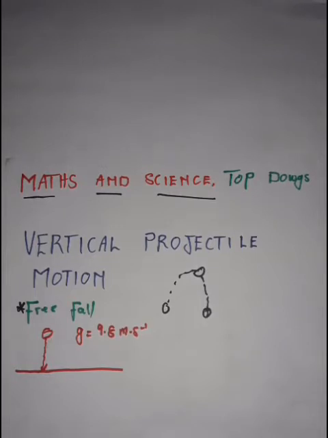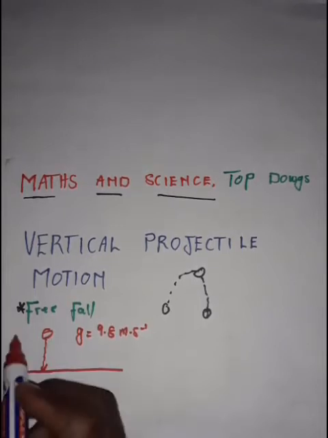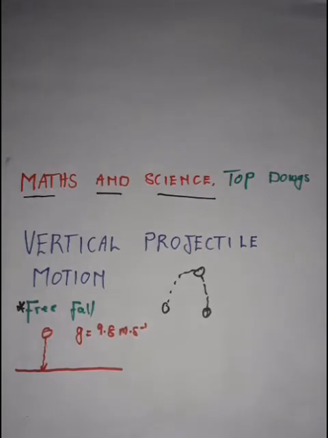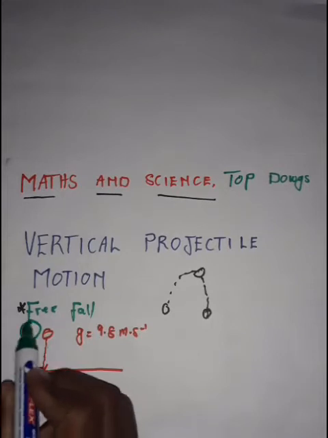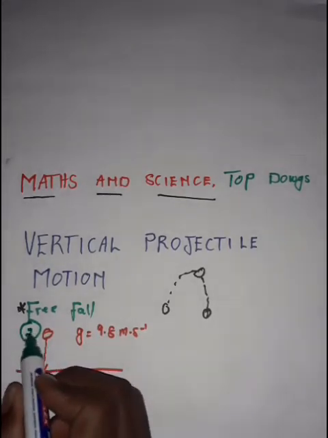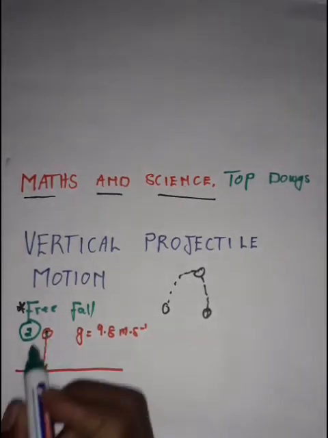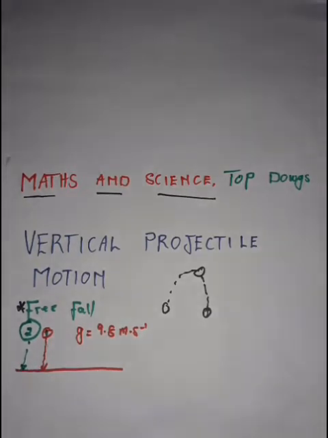Only if we ignore the effect of friction, the acceleration of that object is going to be exactly 9.8. So what happens when you release two objects that have different masses? Let's say you have this one here, which is object 1, and this other one, which is object 2, and which one is going to hit the ground first? These two objects are going to hit the ground at the same time. Why? Because the acceleration due to gravity is 9.8.